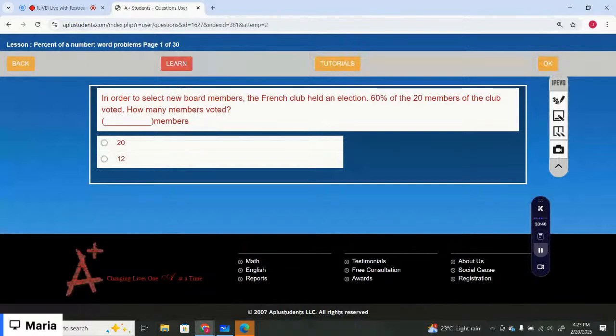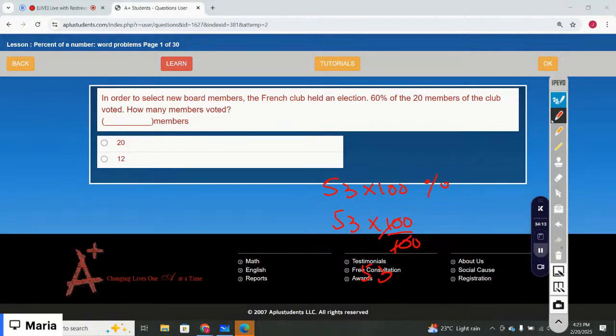How many members voted? You have to calculate 60% of 20.